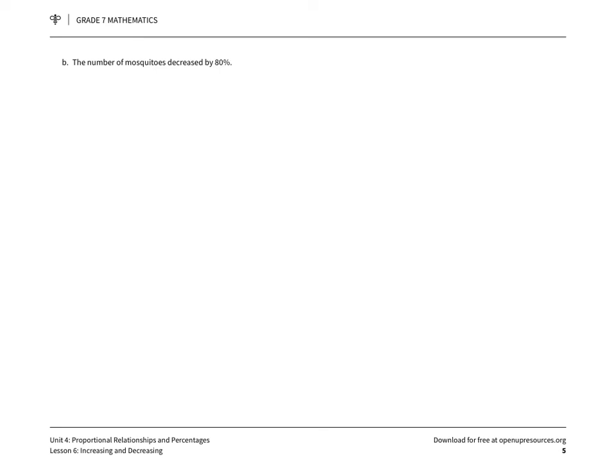My pages are a little weird here. This one says the number of mosquitoes decreased by 80%. Well, let's see, 80% is 0.8, so that's 4/5. So again, I'm dividing into fifths, right? 1/5, 2/5, 3/5, 4/5, 5/5. Decreasing by 80% would be decreasing by 4/5, which would only leave me 1/5 left.